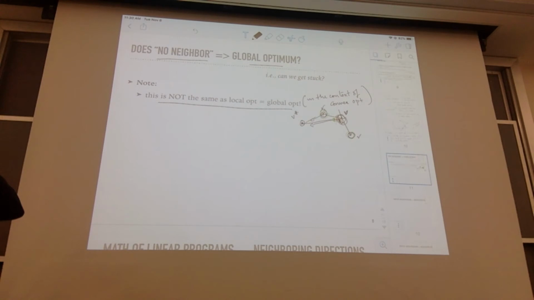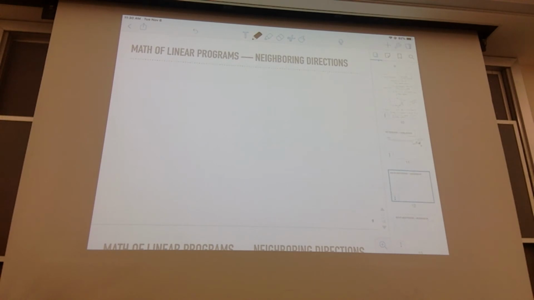All right, so let's understand this a bit more and formalize what we wrote last time. It's a little bit linear algebra heavy, but it's nothing very deep.